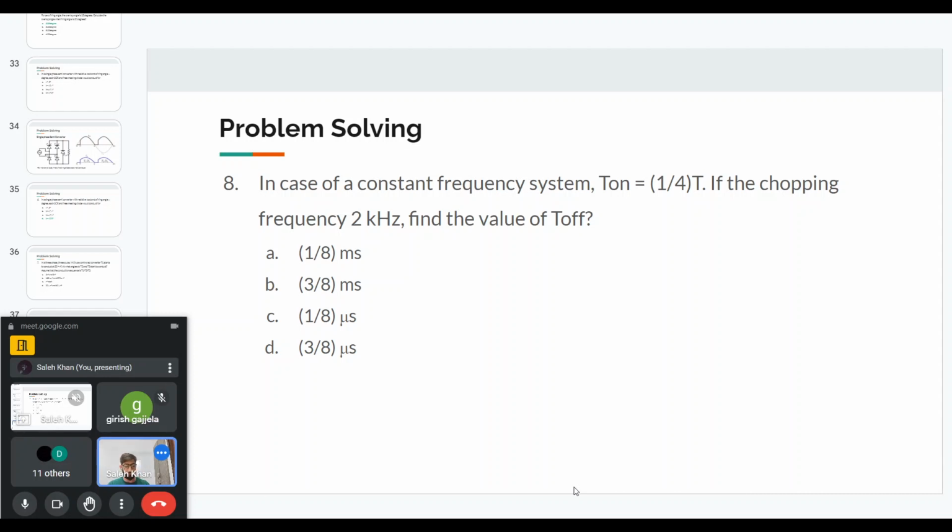So we have a constant frequency system. And T on is given, you have to find T off, and the switching frequency is also given. So someone is saying 1, or A. A is the answer.